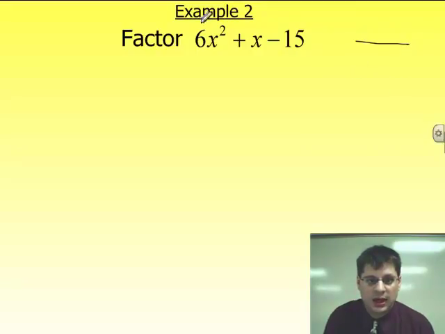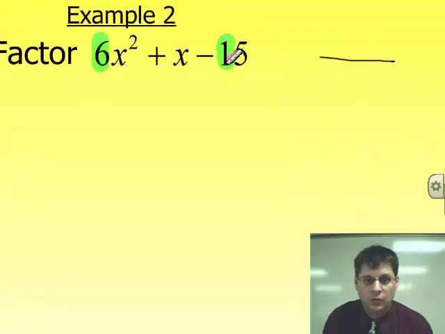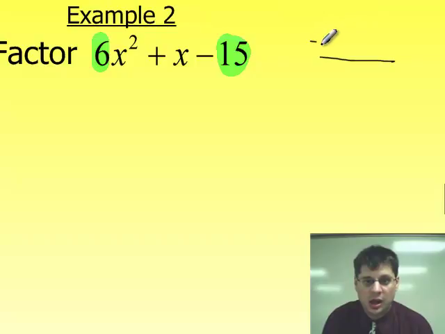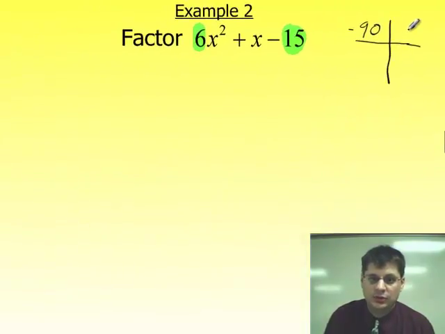I'm going to multiply a with c. So that's going to give me negative 90. So I'm looking for factors of negative 90 which add up to our b term, which is just 1.